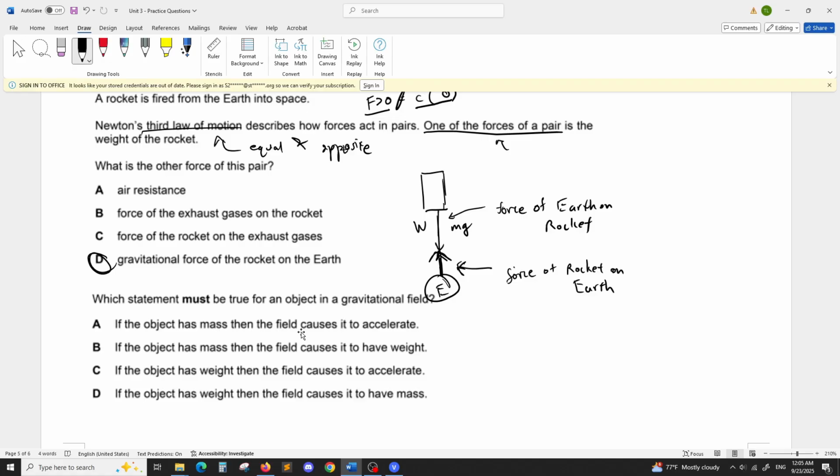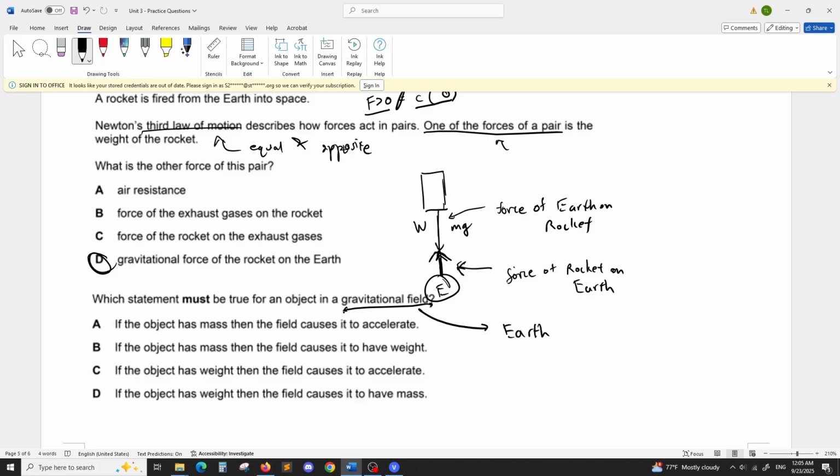I guess we go by one. If an object has mass and a gravitational field, then the field causes it to accelerate. If I use Earth as an example, we can say that Earth is our gravitational field. If an object has mass, then the field causes it to accelerate.